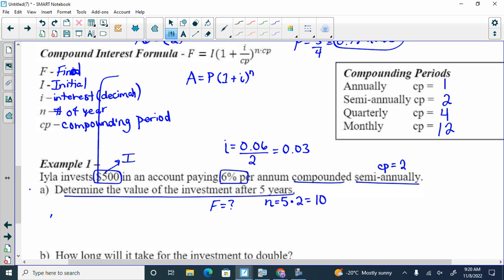So my final equals my initial, which is 500, times 1 plus 0.03, because I need the interest rate per compounding period, to the number of compounding periods, which is 10. So my final is 500 times 1.03 to the 10. And I get 671.96.